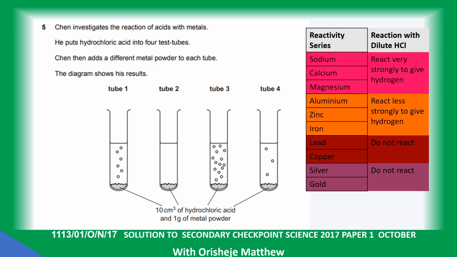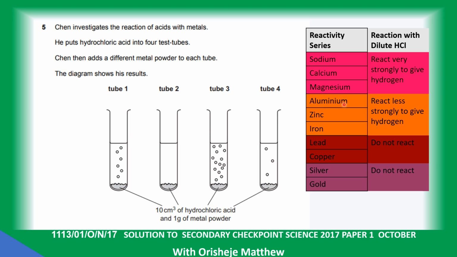If we look at the activity series, reaction with acid, sodium, calcium, let me show the pointer color. Okay, so if you look at it, sodium, calcium and magnesium react with acid strongly or violently.